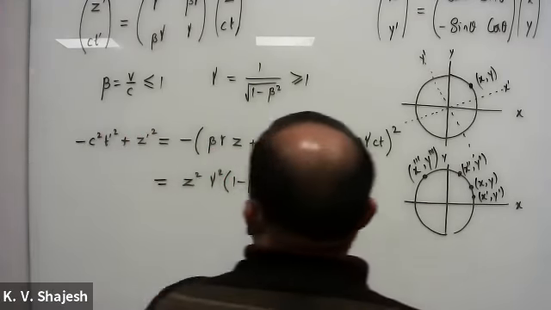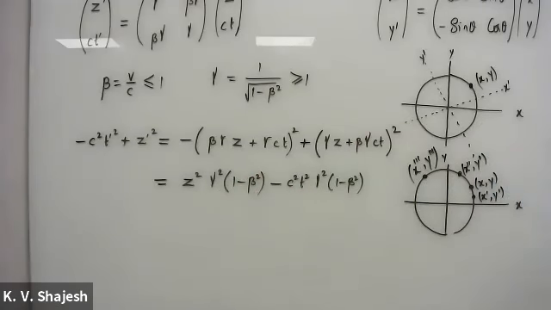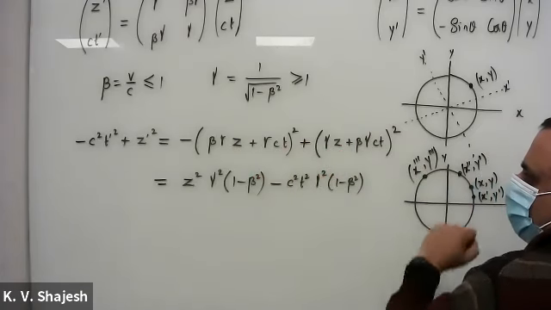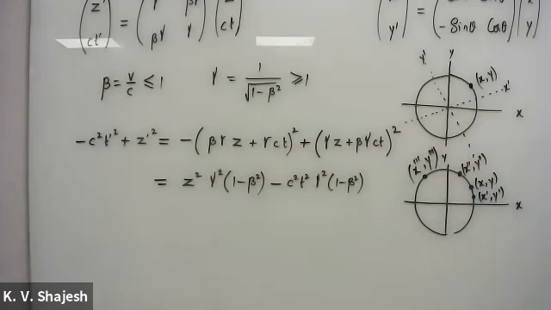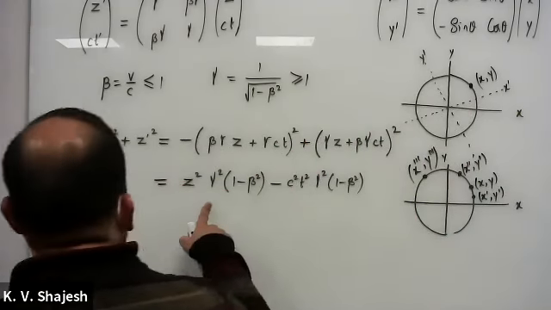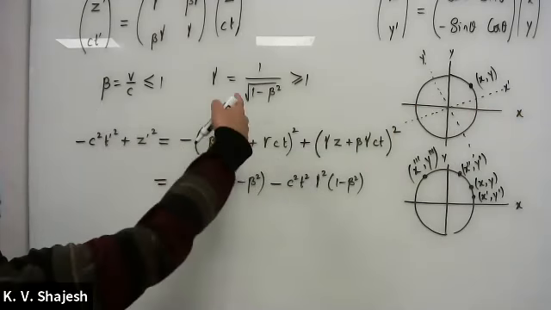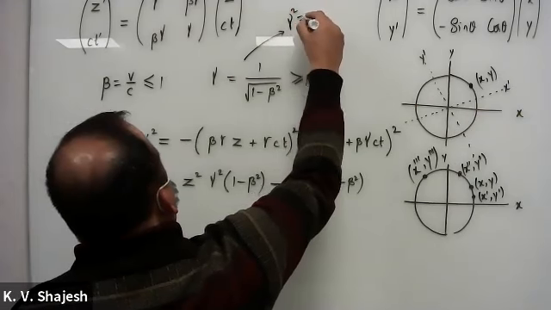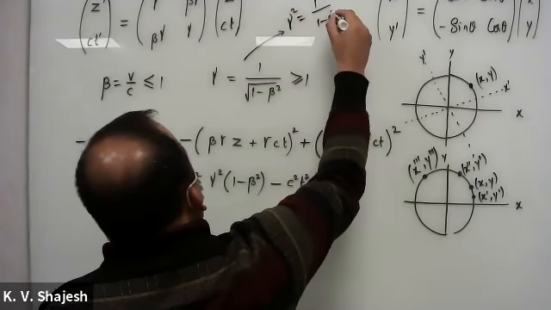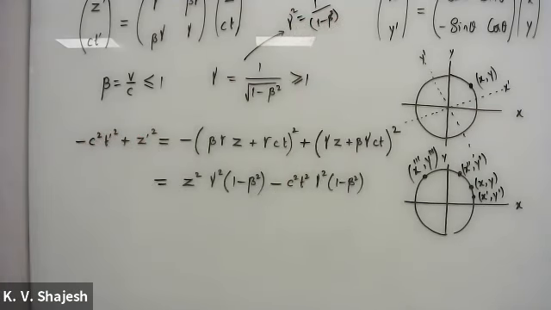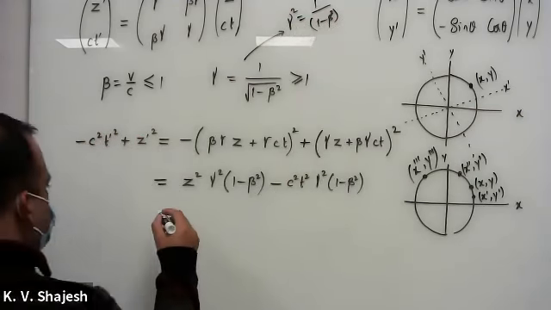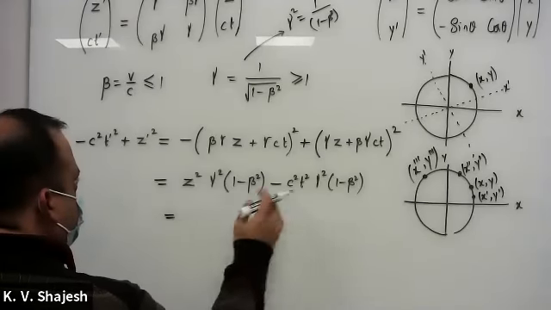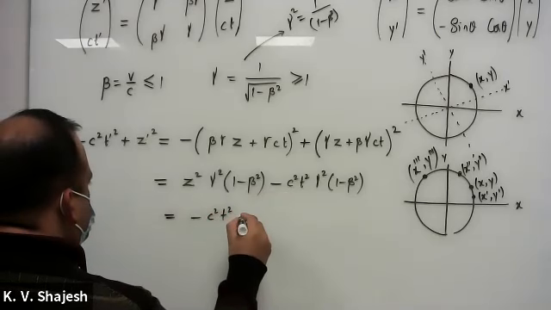And there are cross terms which exactly cancel out, because there is the same cross term with this and with that, so they cancel out. But there is one more feature: gamma squared times 1 minus beta squared, by definition, is equal to 1. So that leads to the idea that this is minus c squared t squared plus z squared.